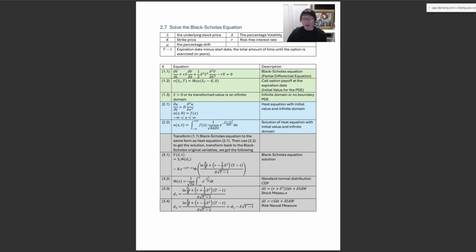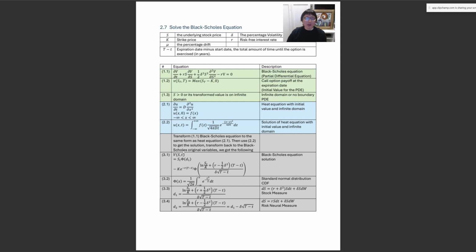So this is the stock measure probability that comes from D1: in this stock measure, the probability of the stock price being higher than the strike price. This gives you some idea of the meaning of phi of D1 and phi of D2.